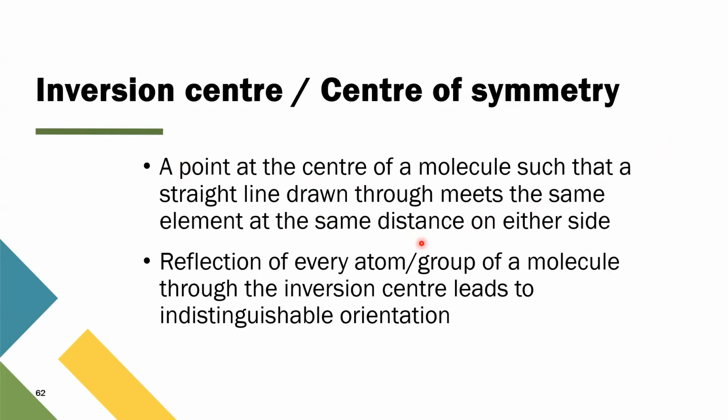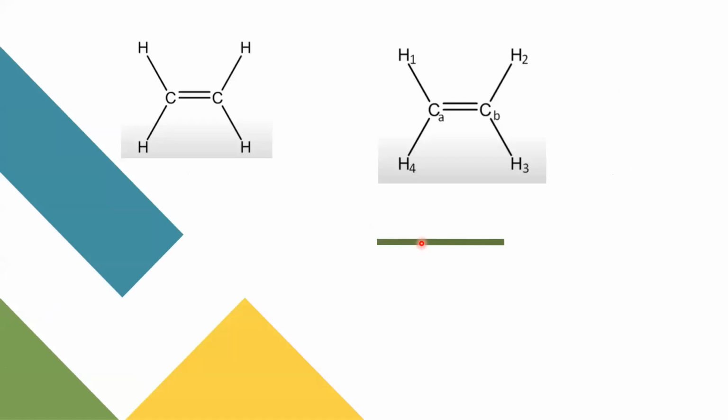You take a point, the center of the molecule, and you draw a straight line which gives an element on one side, and you extend the same line on the opposite side, you meet the same element. So reflection of every atom group of a molecule through the inversion center leads to an indistinguishable orientation. We see, right? So here, inversion center.